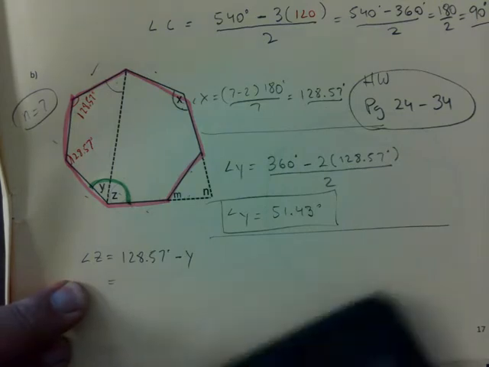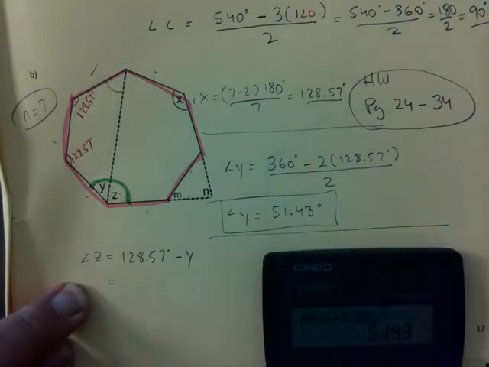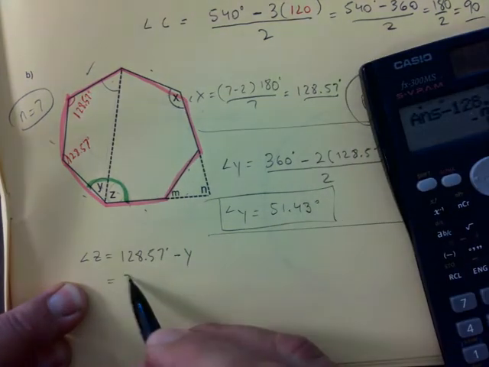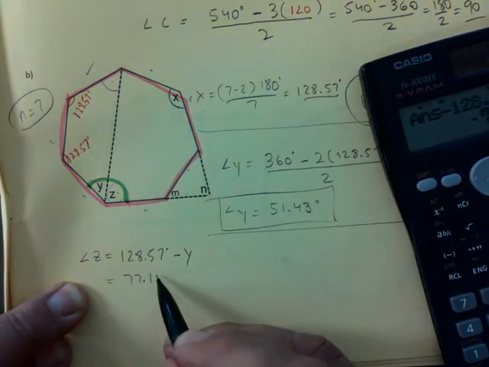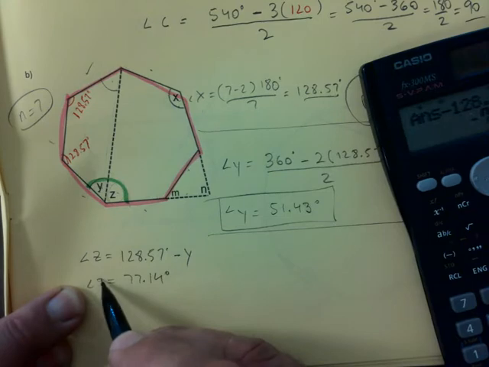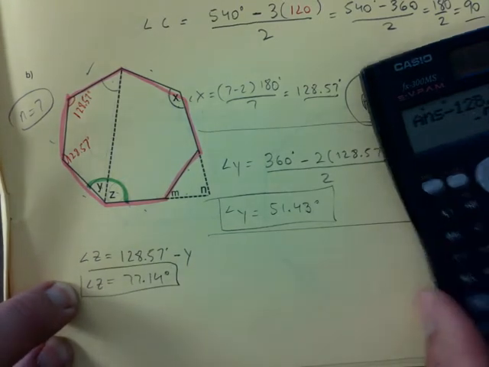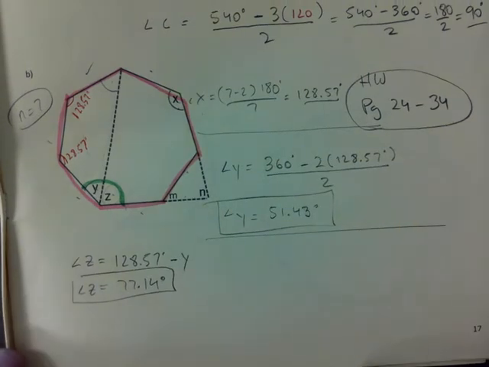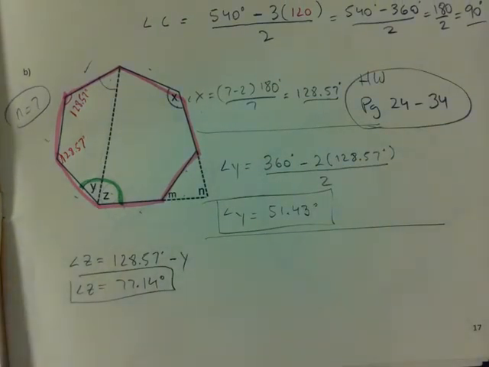So 128.57 minus that is 77.14. If you're off with these ones by 1.01, I will not deduct any marks, because some students choose to go the other route, and that's fine. So there's Z. What's left now? M and N.